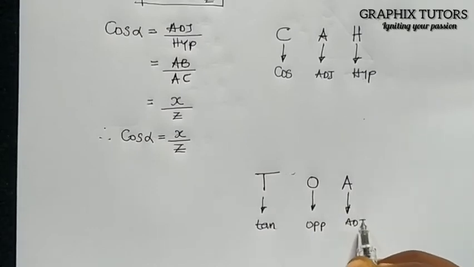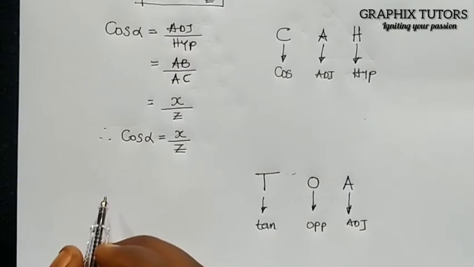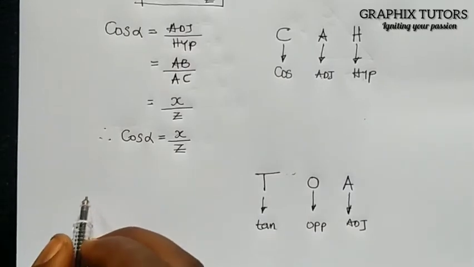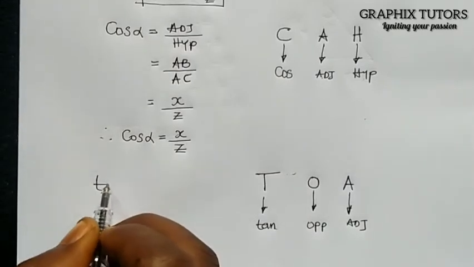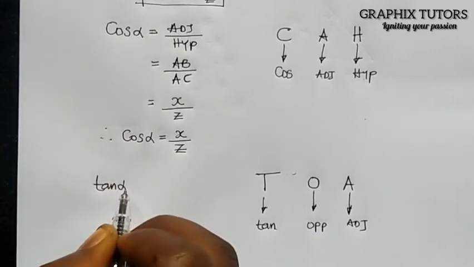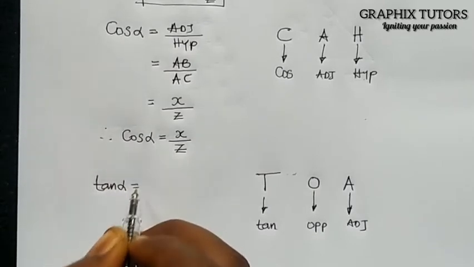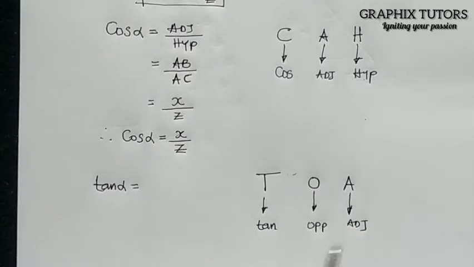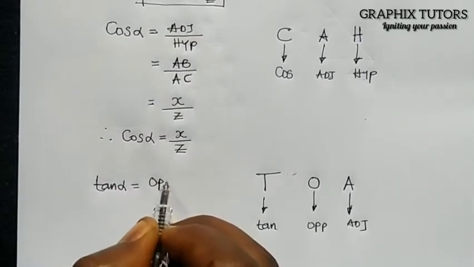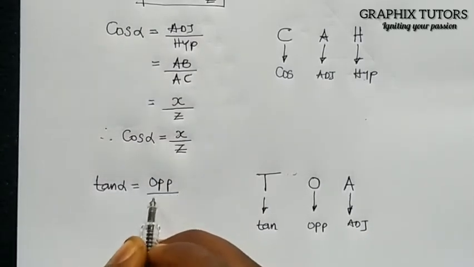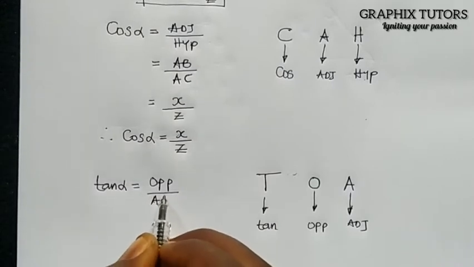Adjacent, right? So since we are considering alpha, I will say that the tan alpha will be equals to what? Opposite over adjacent. Opposite all over what? Adjacent.